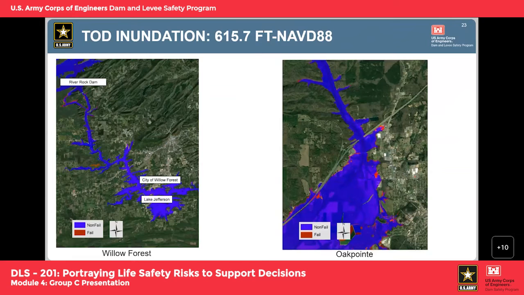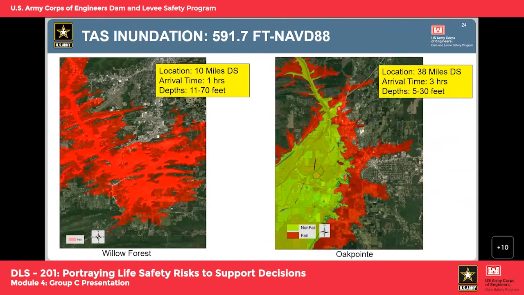And then lastly, we have a plot. If you want to go to the next slide. We have a plot of the top of dam inundation for the backward erosion piping and embankment failure mode. These numbers are for the upper PMF scenario. These depths aren't as drastic for some of the other scenarios, but 10 miles downstream with a 1 hour arrival time, we'd see a flood wave of 11 to 70 feet, depending on what scenario you're looking at.